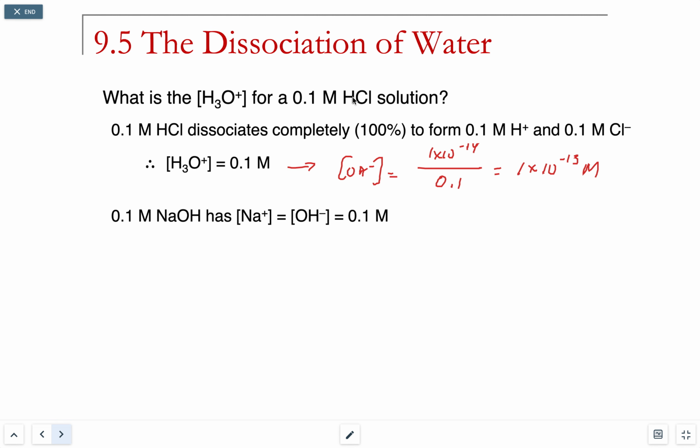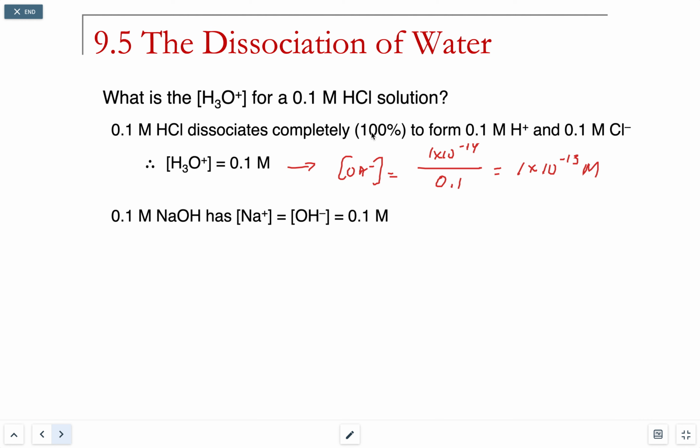And then the second thing you need to remember is molarity means moles per liter. So if I'm counting this as one entity, as 0.1 moles of HCl per liter of solution, then when it fragments into 2 pieces, each one will be 0.1 moles per liter as well.